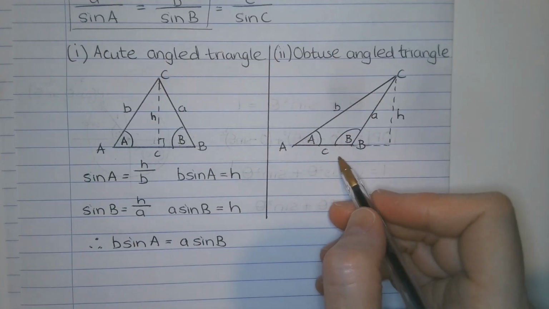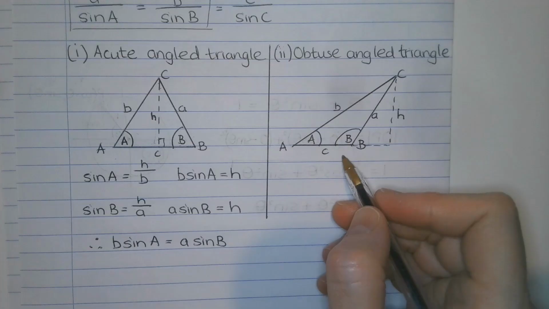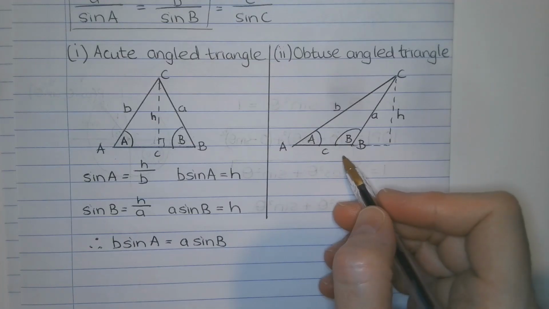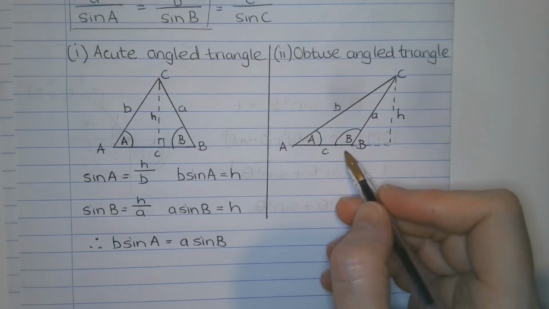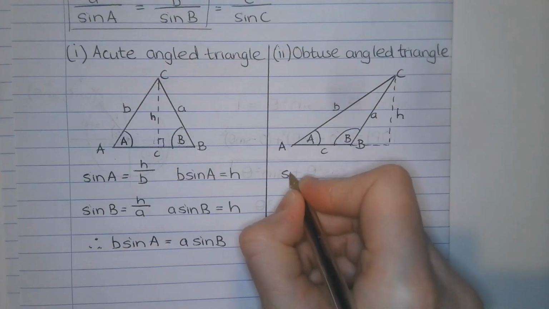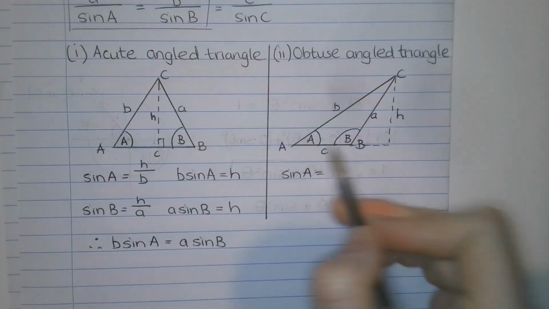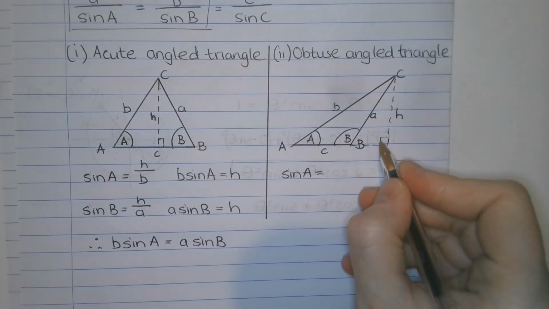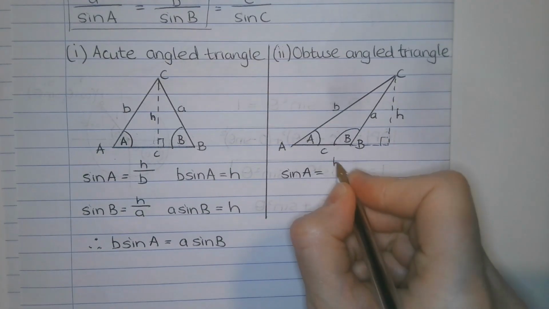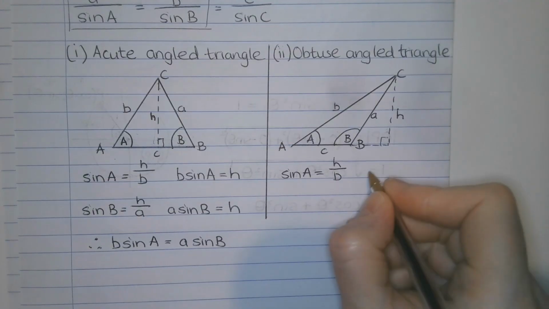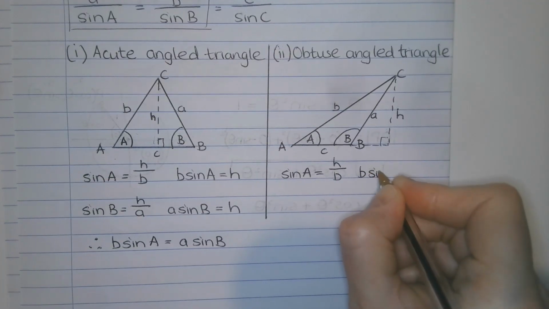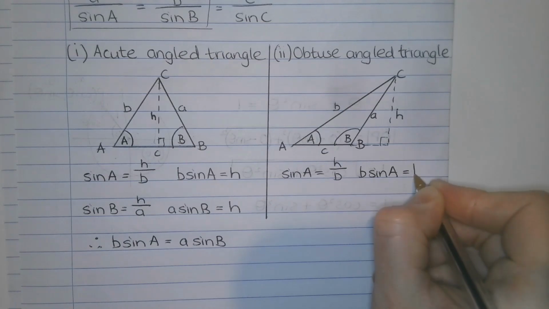What we can say about this triangle is that the sine of A is equal to, looking at the right angle triangle we've created there with h over b. Therefore, b sine A is equal to h.